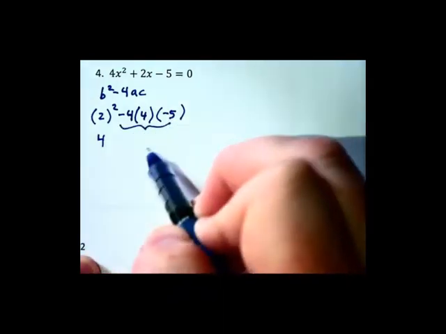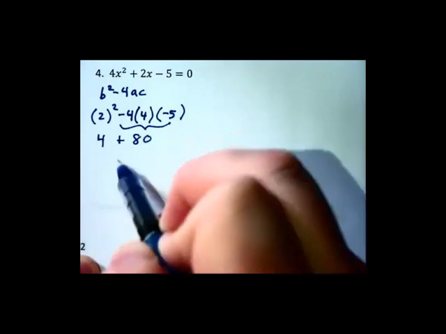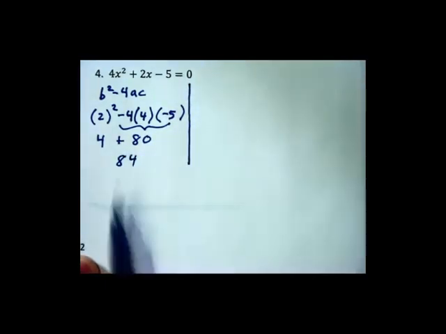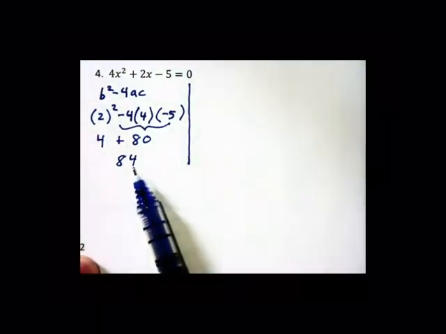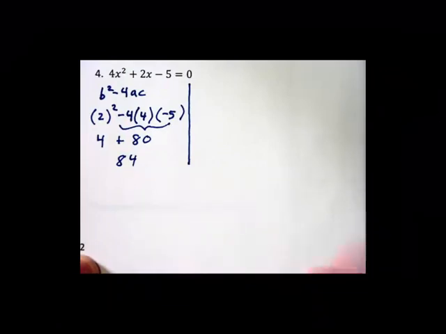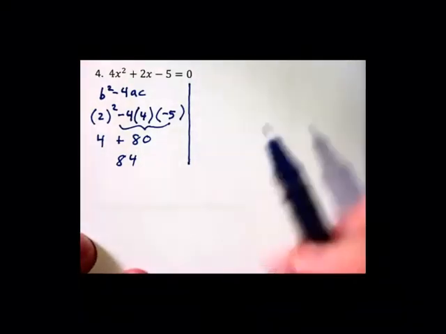The negative times negative becomes positive, and 16 times 5 is 80. So I'm going to have 84 for the value of the discriminant. And by the way, if this was a negative value, you'd know that we're about to get the square root of a negative, which gives you no real solutions. And that's one reason why sometimes you just want to do the value of the discriminant first.